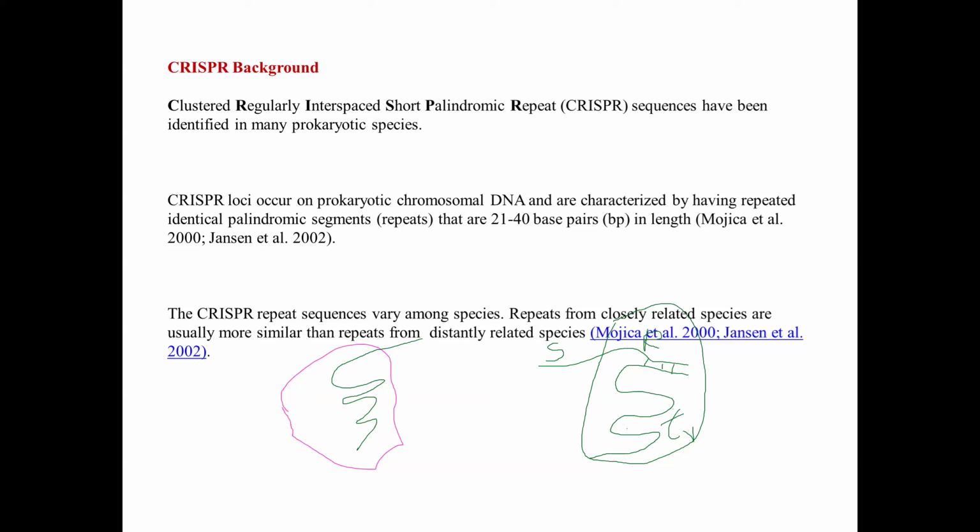But if you take the repeat sequences, they're all the same. When you do bioinformatic analysis, they found that the spacer sequences in between the repeat sequences are closely related to the viral genome rather than the bacterial genome.